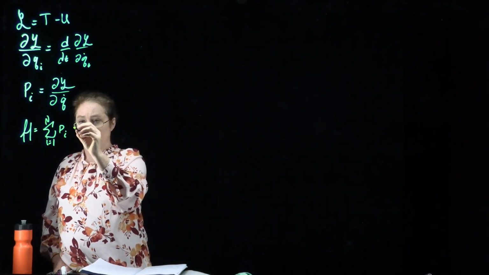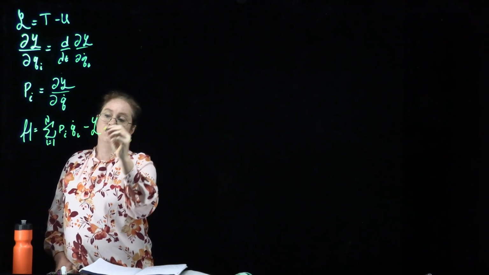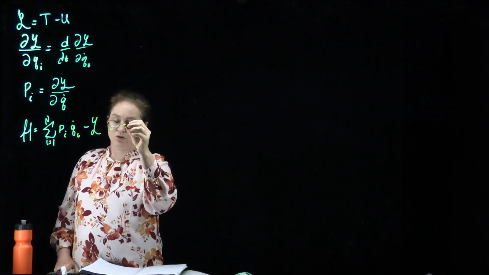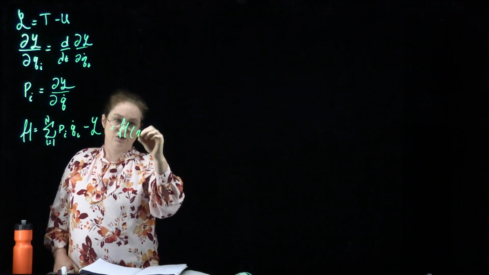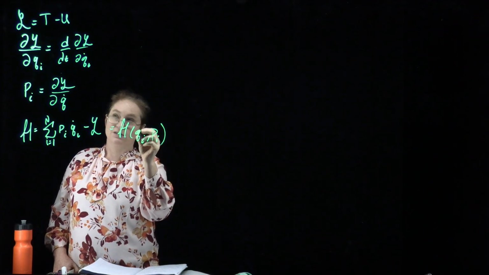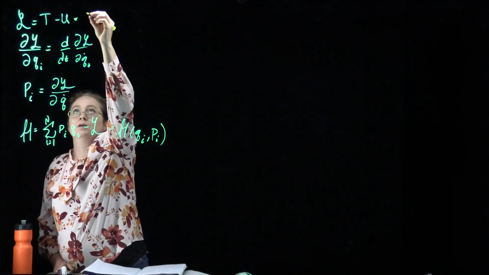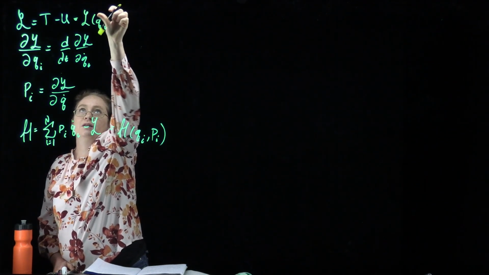The Hamiltonian is the sum of p_i q_i dot minus the Lagrangian. And we are going to explicitly write the Hamiltonian as a function of the q_i and the p_i instead of as a function of the q_i and the q_i dot.